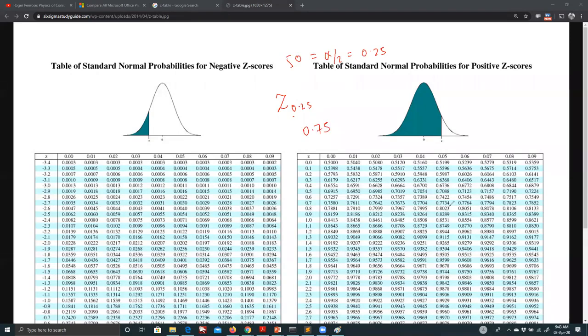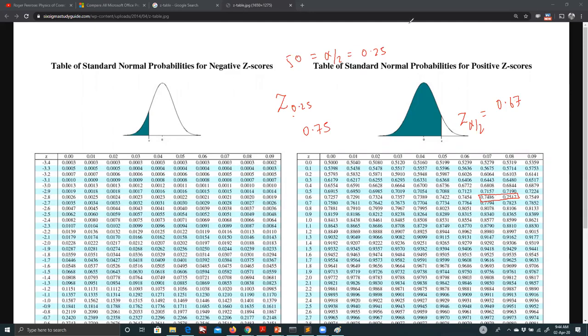Where do you find 0.75 in the upper chart, or just before 0.75? You will get it somewhere here. 0.77, I think. 0.67, careful. 0.67, you are good. So the z value, z alpha by 2, where alpha, what you were trying to calculate, was 50%, is 0.67.